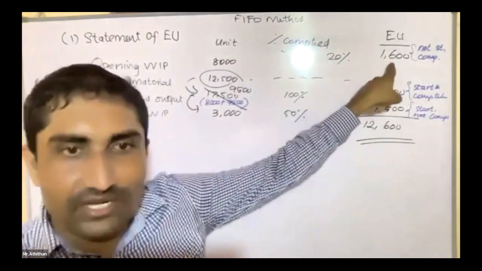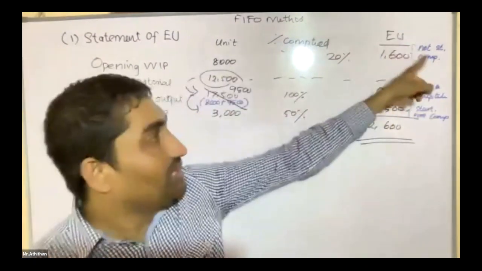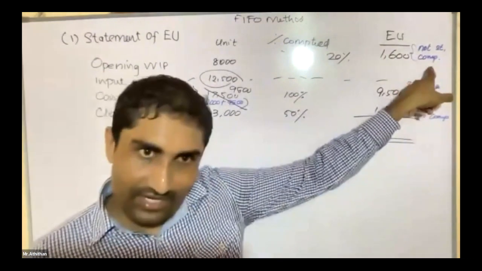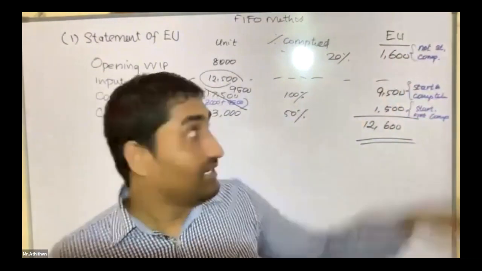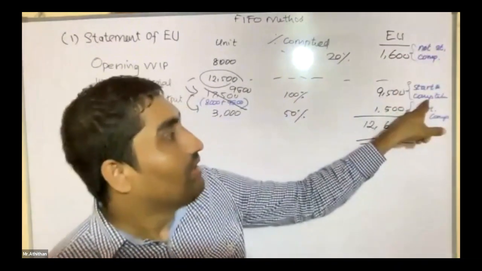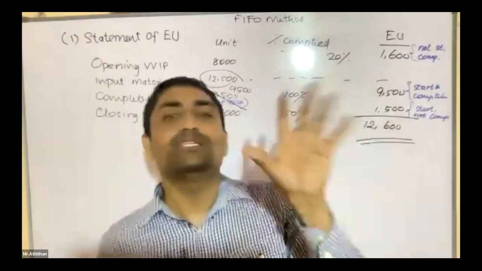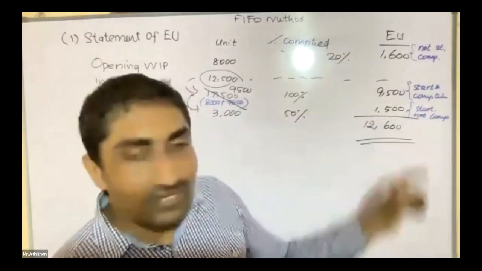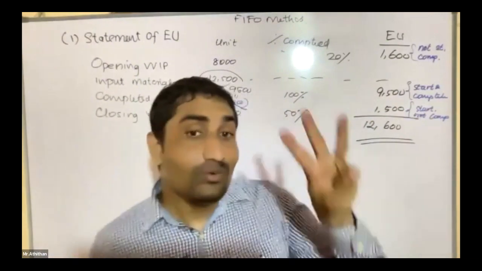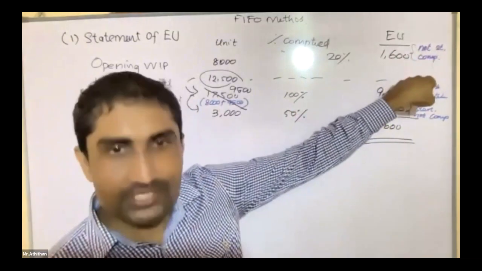This 1,600 not started this time, started earlier. So we didn't start this time, but we completed this time. 9,500 we started and completed this month. 1,500 we started, but we didn't complete. Right? So three different categories. We didn't start now, but we completed now.